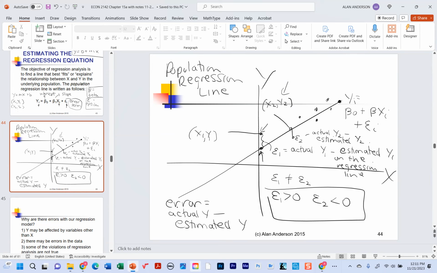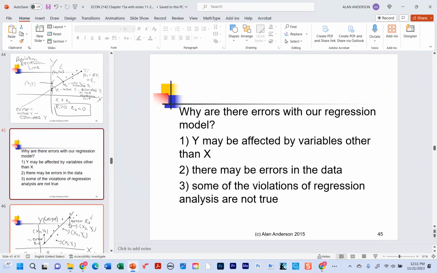Well, there's a few potential reasons for this. For one thing, whatever Y is, there's a very real chance that its value is dependent on not just X, but other variables as well that are not included in our equation.